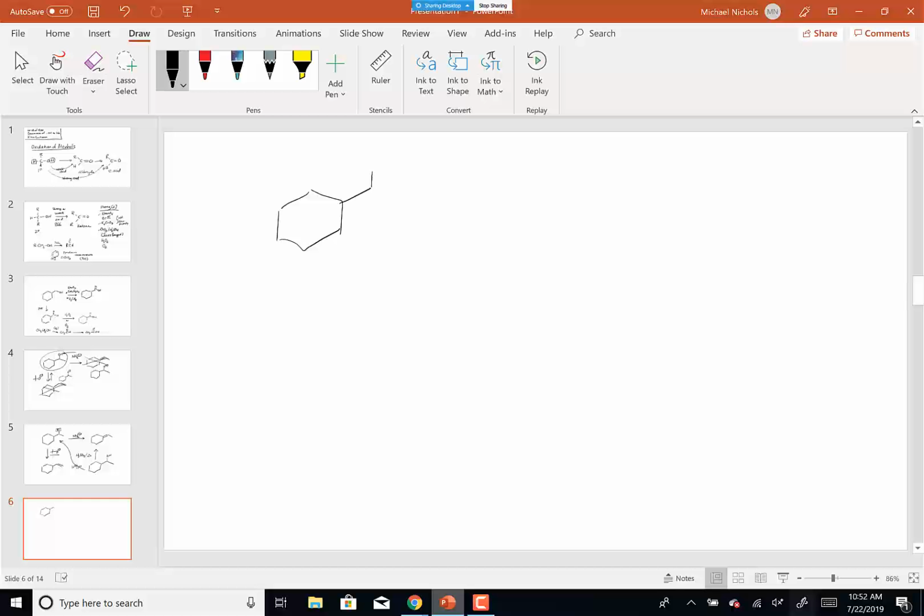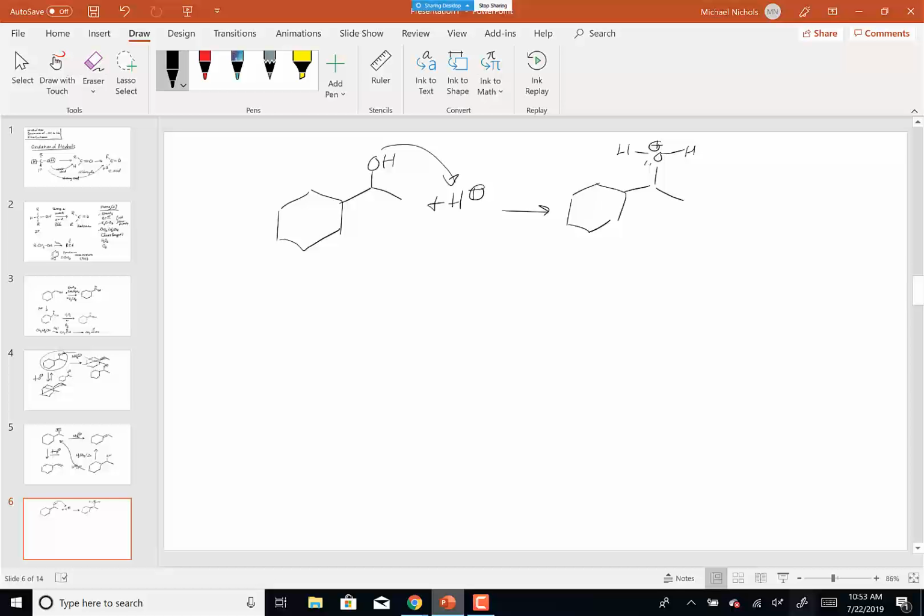So that's been our approach. We just say, well, let's add H plus to the OH, and we'll make an oxonium ion, and then the oxonium ion basically is a water molecule. It's going to leave either SN1 or SN2 with potential rearrangements.